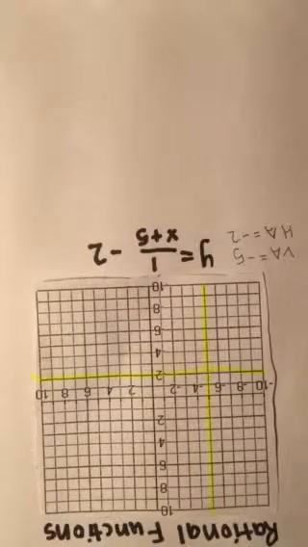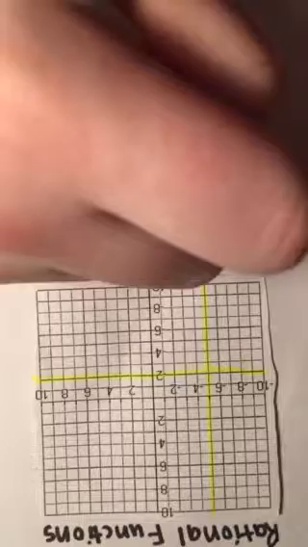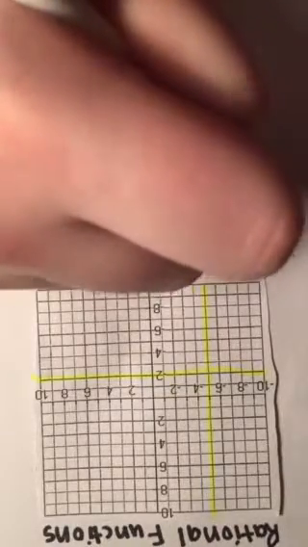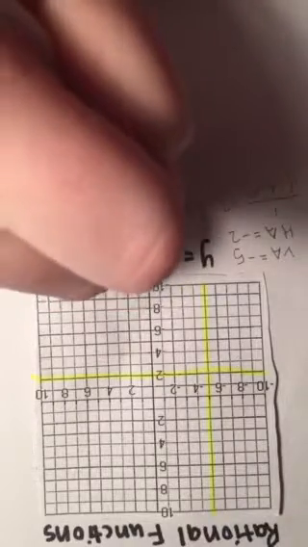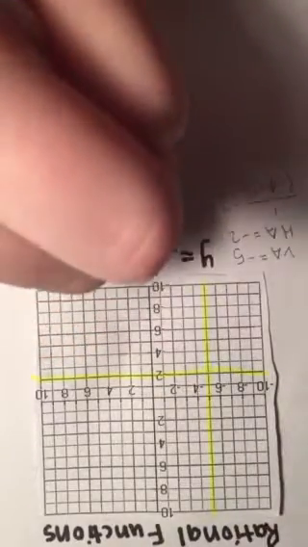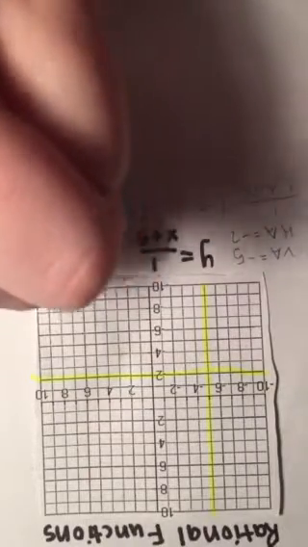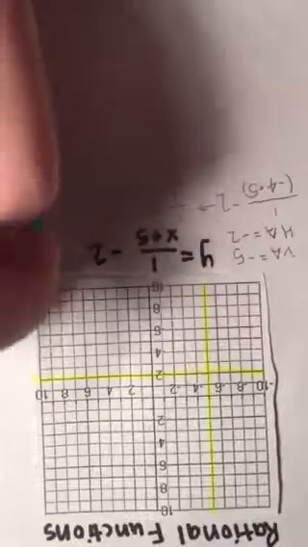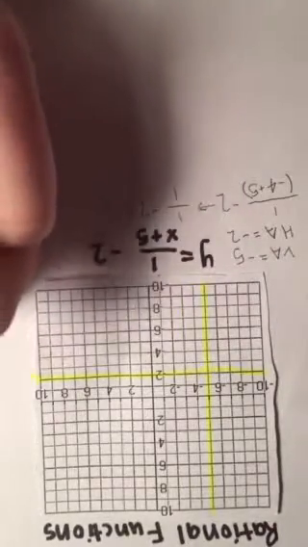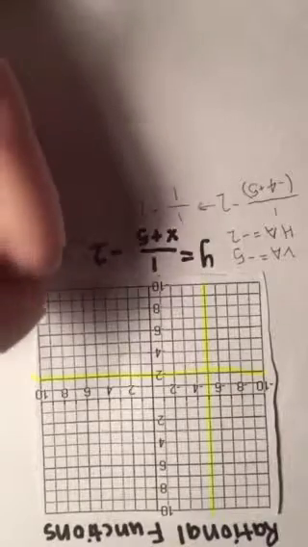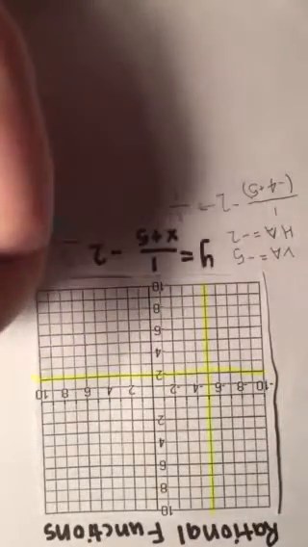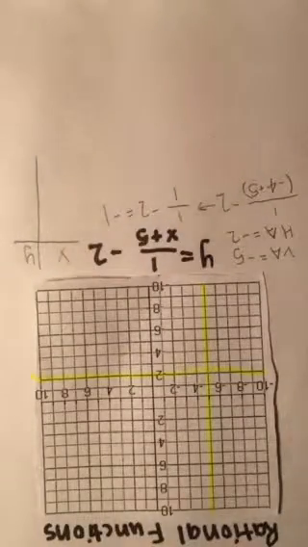First, we can plug in a -4 for the x. So when a -4 was plugged in for the x, we found our y to be -1.